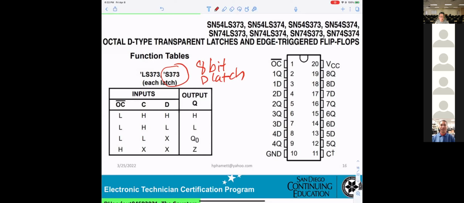If that pin is low, what happened? You get output. If pin number 1, output control, is low, it's activated and you get output.